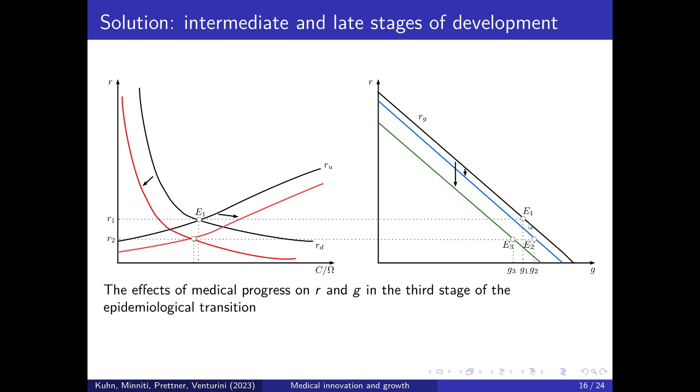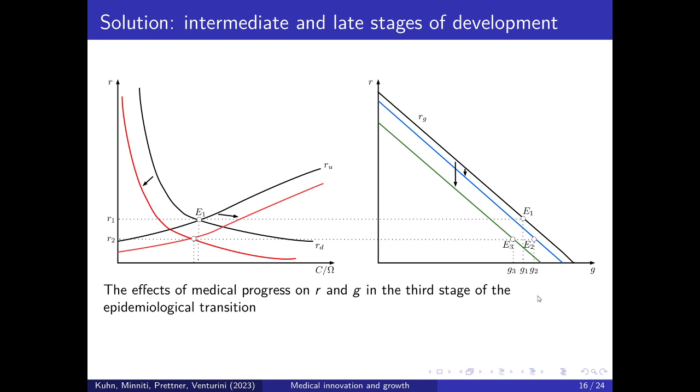Now again, two things can happen to the growth rate of the economy. If the curve RG shifts downwards only slightly, we end up in equilibrium E2 with a higher growth rate. But if it shifts downwards more pronouncedly, we end up in equilibrium E3 with a reduction in the economic growth rate.